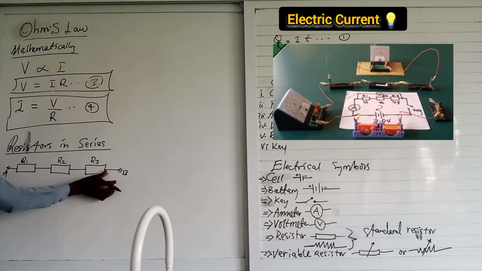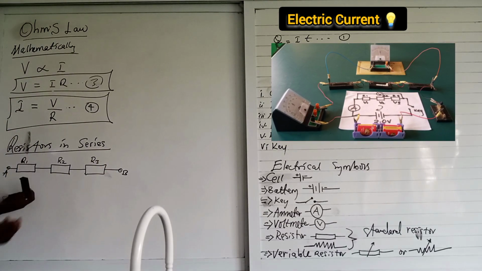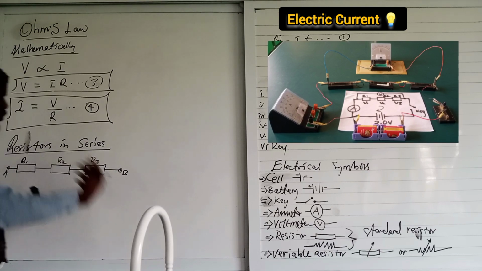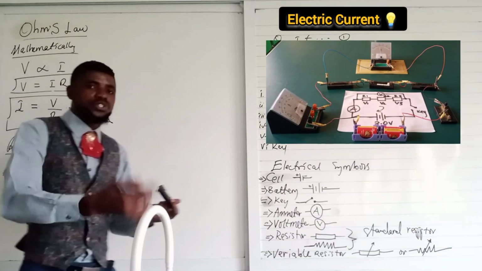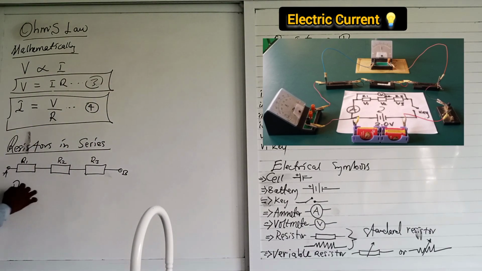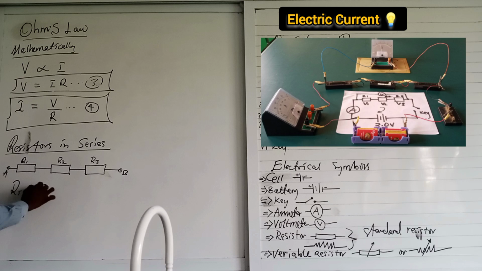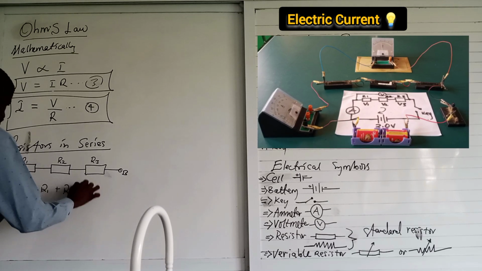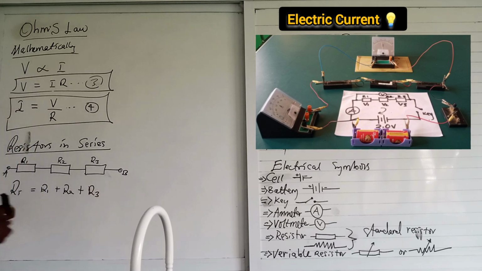So how do you find the combined resistance in such arrangements? Your combined or total or resultant resistance RT will be equal to your R1 plus your R2 plus your R3.